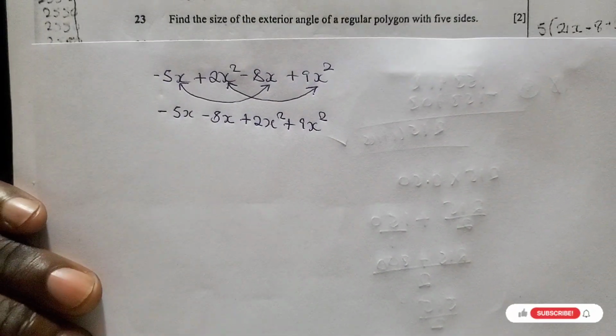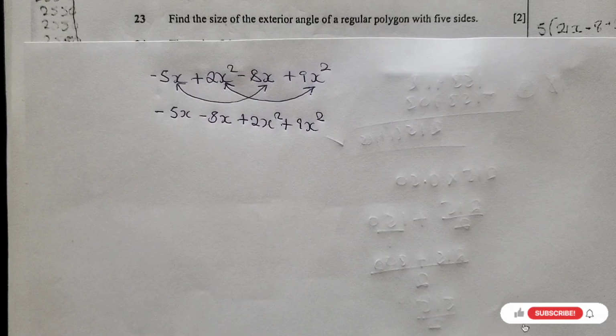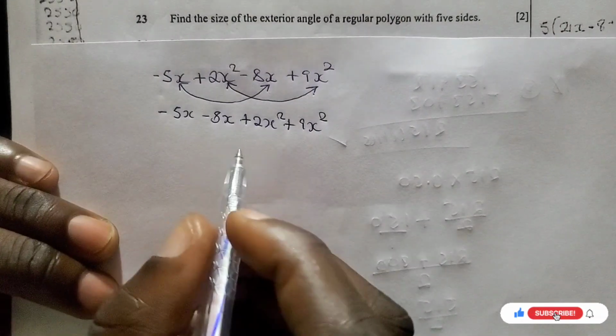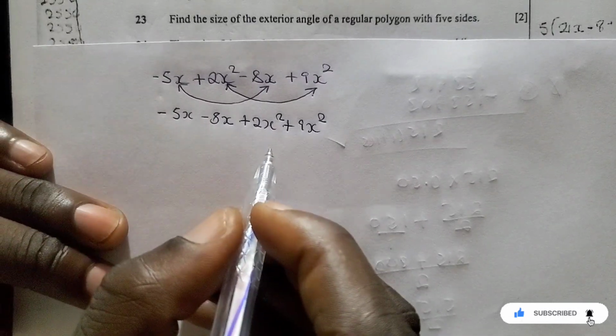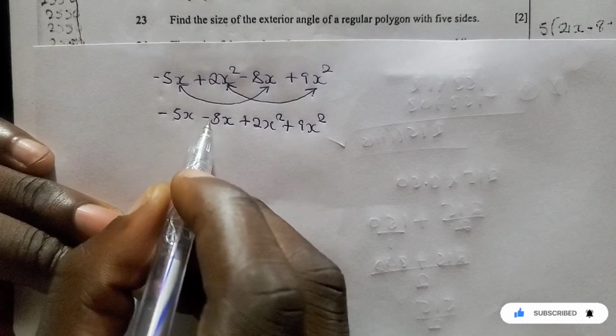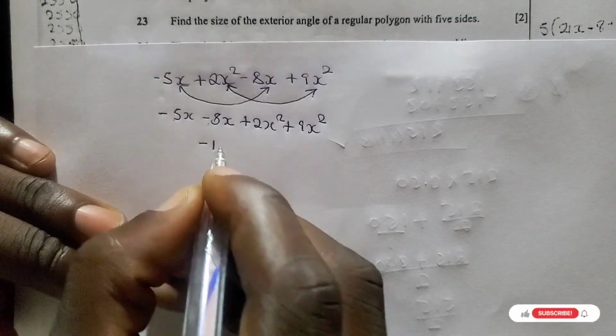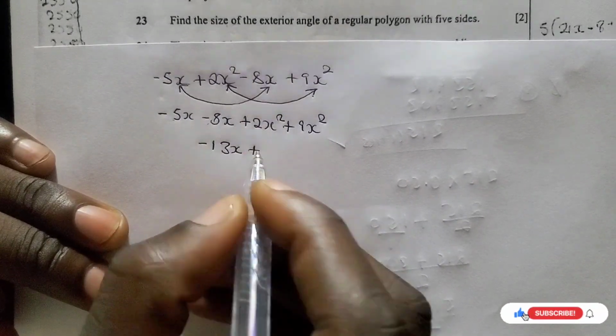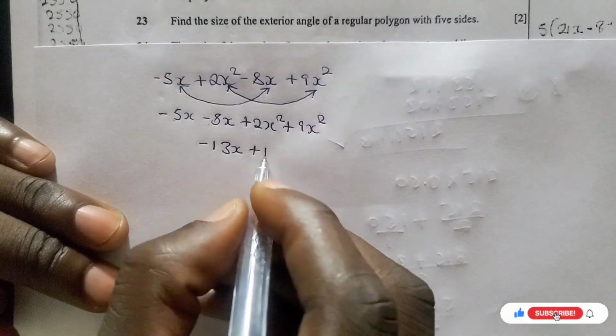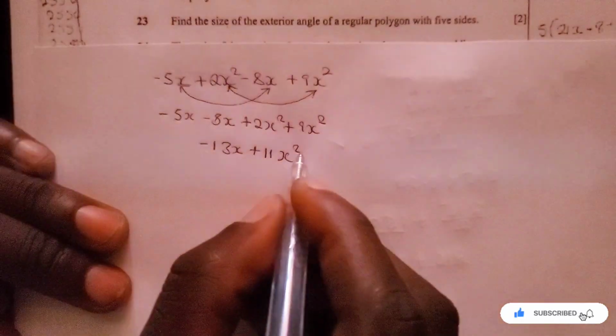The reason they're not changing is because they're not crossing the equal sign, they're just on the same side. They're just changing positions. Negative 5 minus 8 is negative 13x. 2 plus 9 is 11x squared.